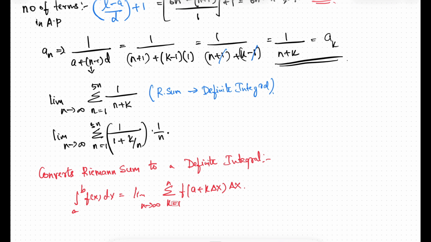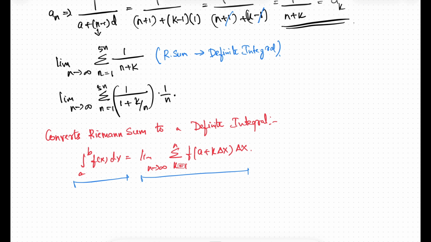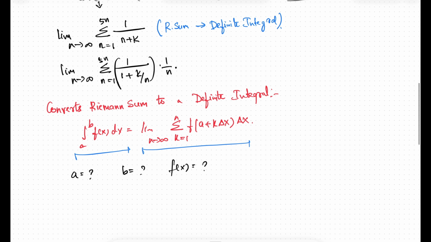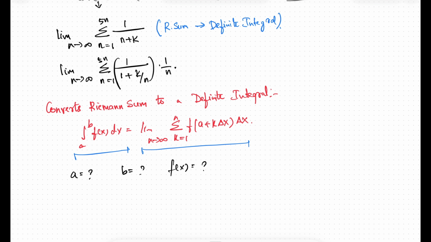Here we are provided with the right hand side and we are asked to find the left hand side. The technicality is to find a, b and f of x simultaneously such that the equation holds true. Now let me first find delta x, and let me say delta x is 1 by n.